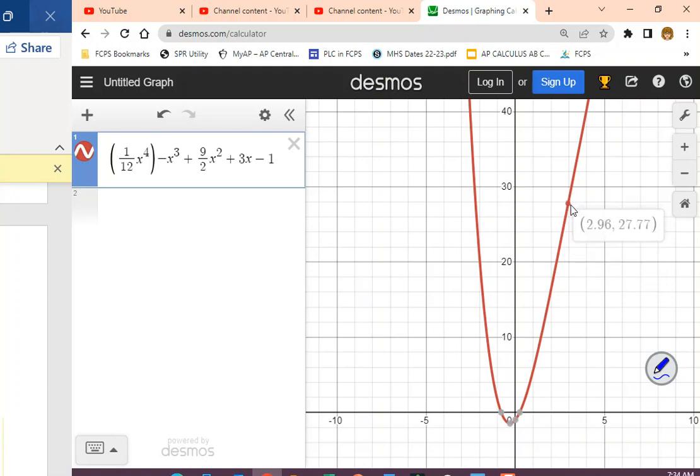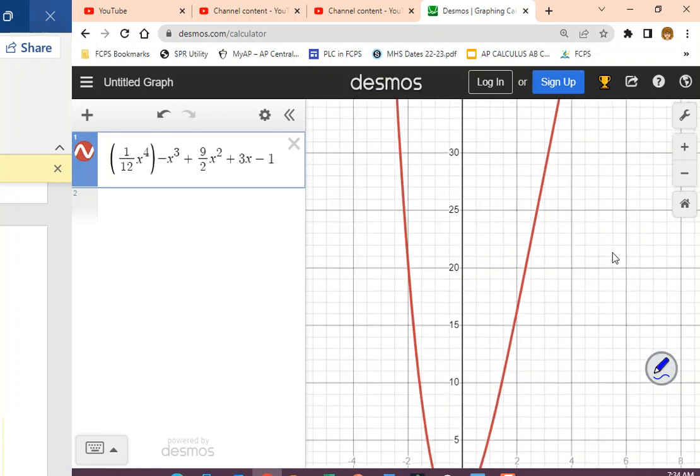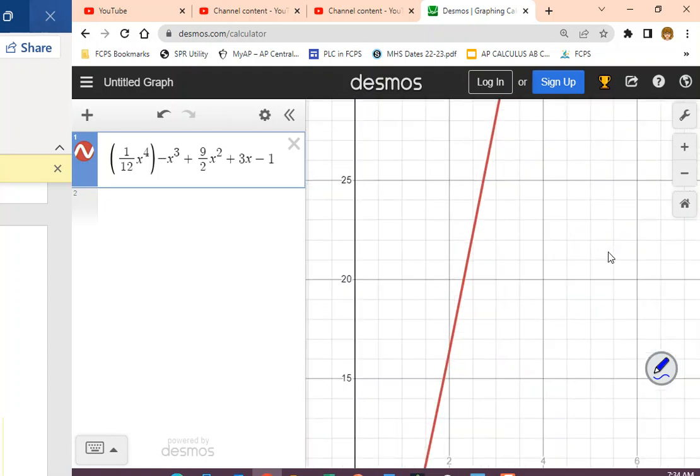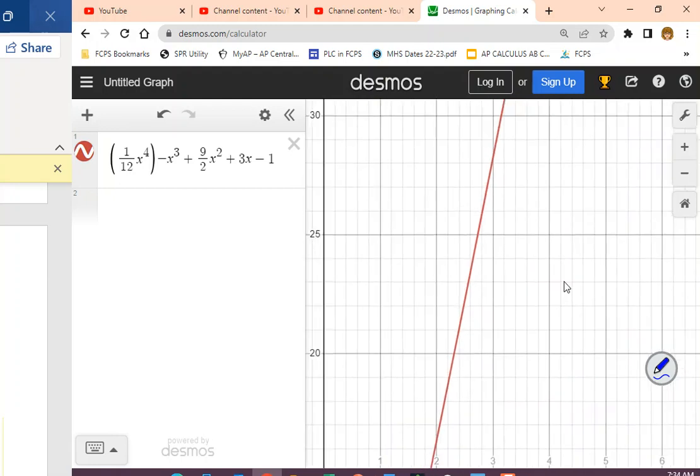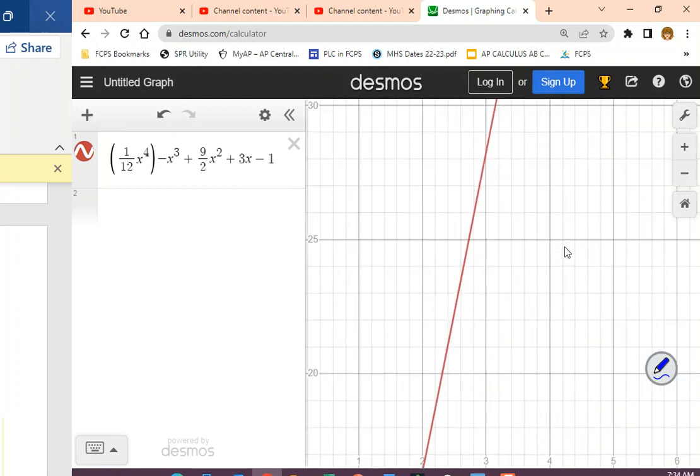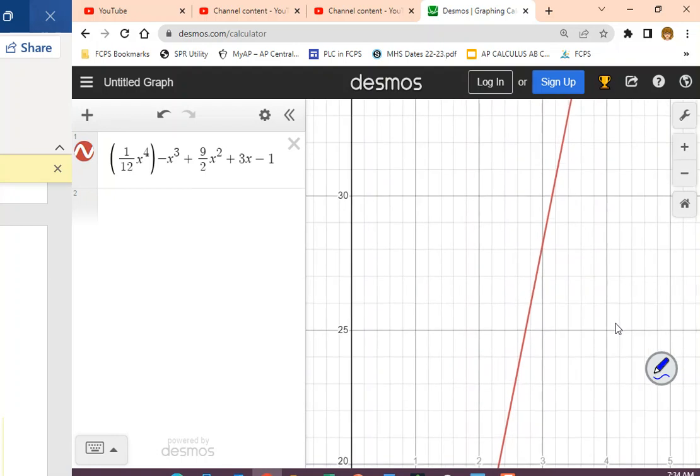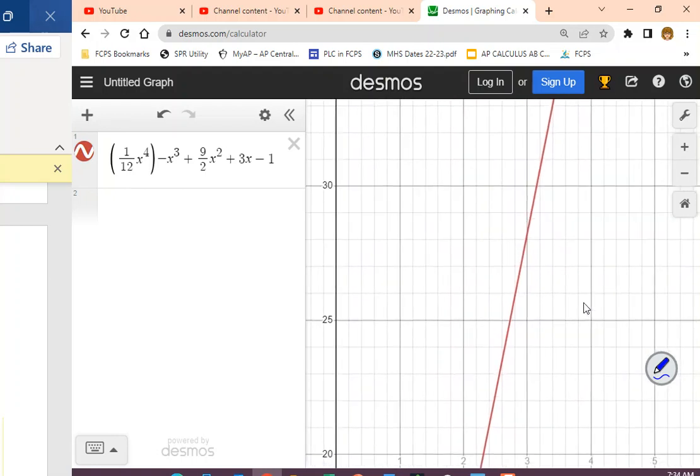It doesn't really have the symmetry that we would have expected. This side's kind of different than this side. We don't really have a good visual, because it's not an inflection point, so we don't really see it doing anything weird on the graph.